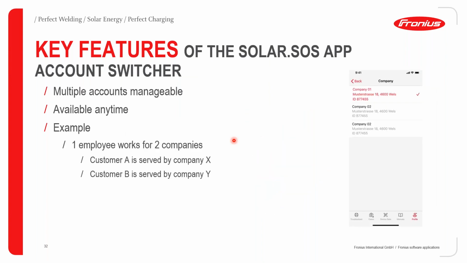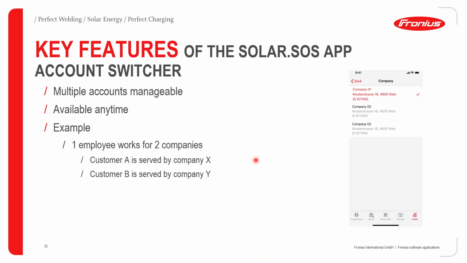Still talking about key features, we have the account switcher. It is possible for an installer, for example, to switch accounts. Let's say we have an installer that works for two companies. This makes it possible for the same installer to have different company profiles, as you can see on this screenshot.